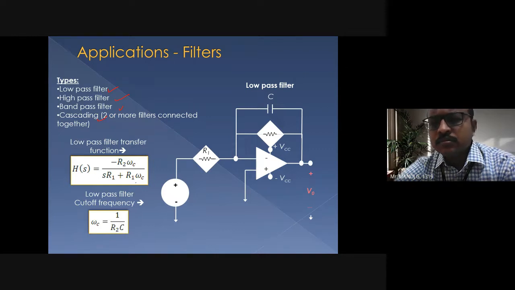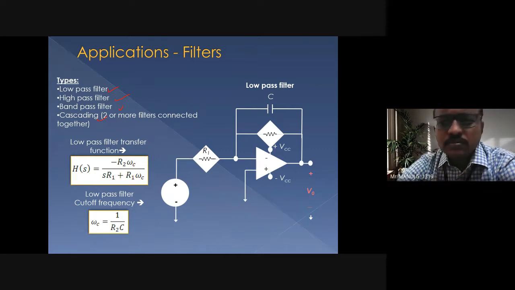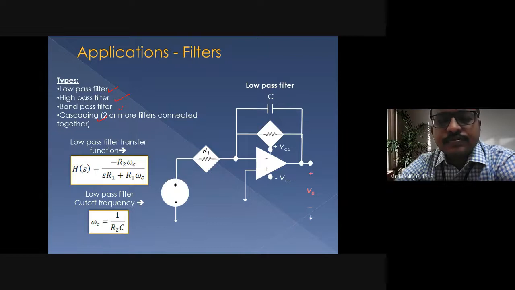Mantino, what does a low pass filter do? Yes, sir.